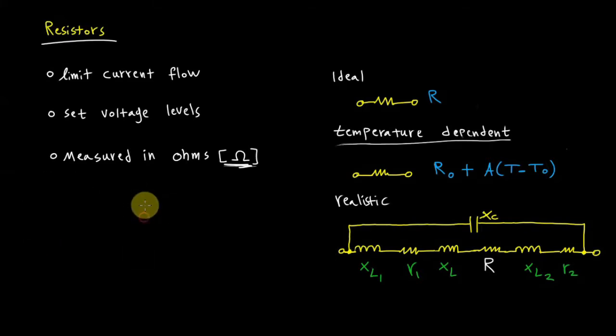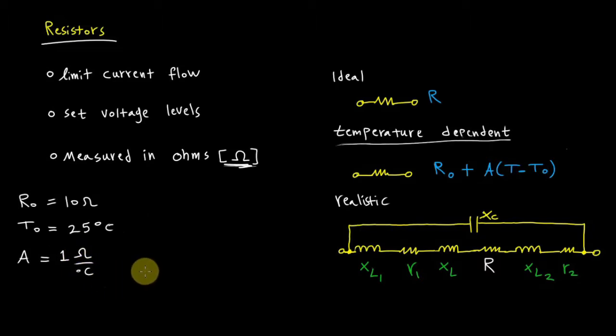Now, let's look at the temperature-dependent model. Let's say that we have R0 being 10 ohms, T0 being room temperature, roughly 25 degrees Celsius, alpha being a temperature coefficient of 1 ohm per degree C, and T being a final temperature of 125 degrees C, which is beyond the boiling point of water.